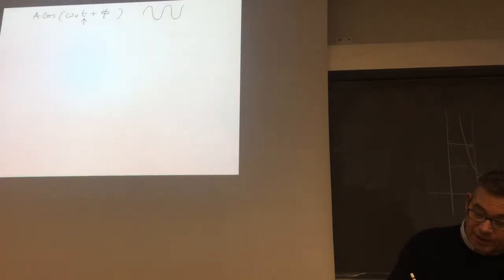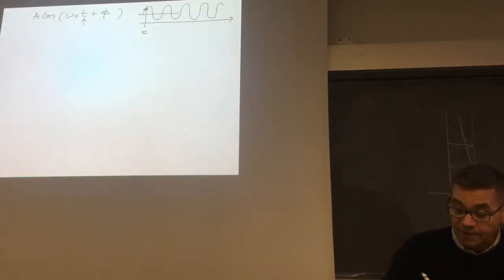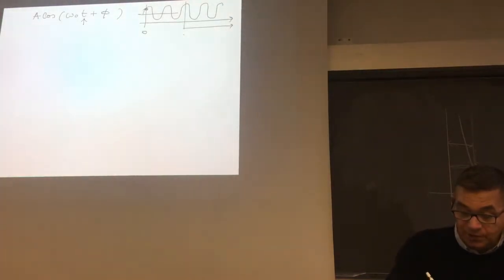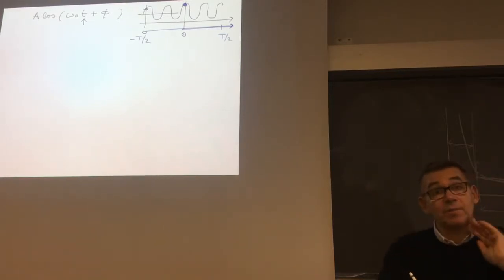So if I look at the phase, and assume that this is 0, the phase is this value. Now, if I shift the interval to the center, and I put artificially 0 here, and this becomes T half, and here becomes minus T half, then the phase at 0 is different from the previous one.